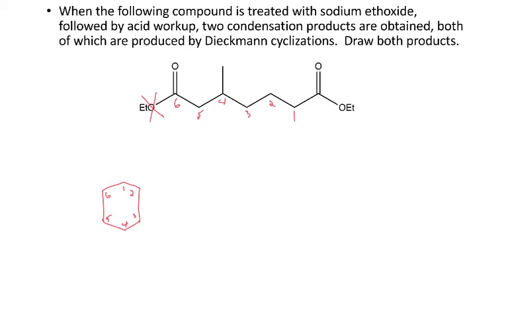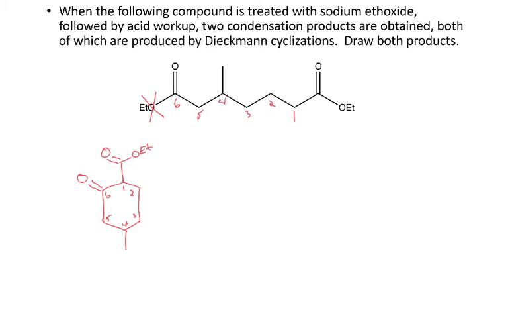And so coming off carbon 1 is this ester group. Right, there's nothing off 2 and 3. 4 has a methyl. And then 6, right, this popped off as the leaving group. And then so 6 is just going to have the carbon-oxygen double bond. And so that's going to be one of my products.